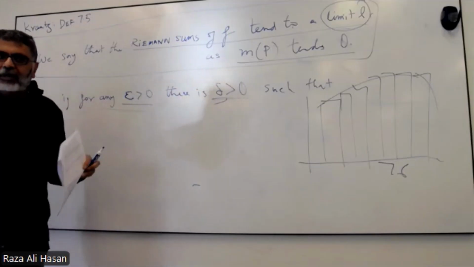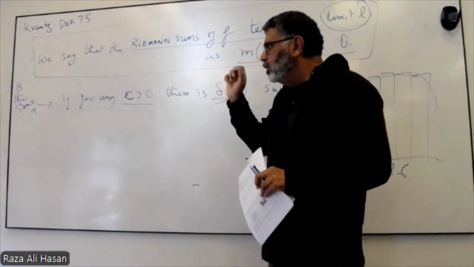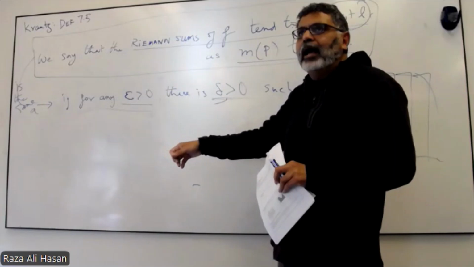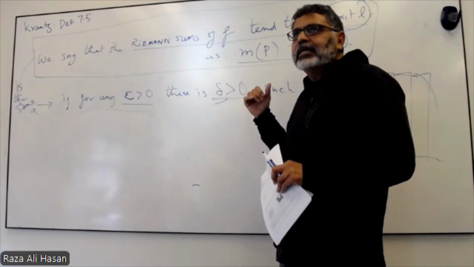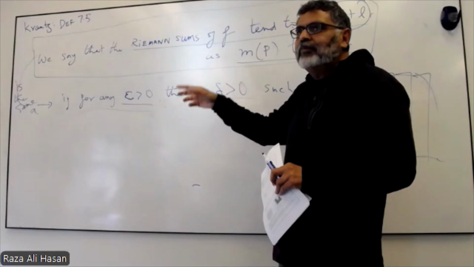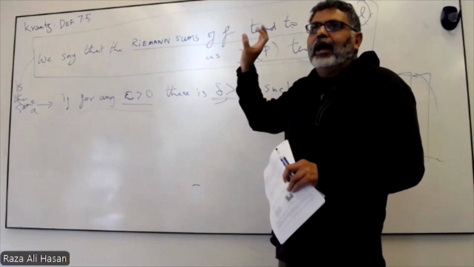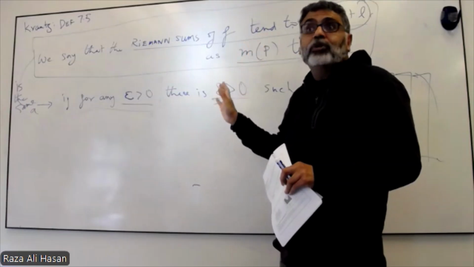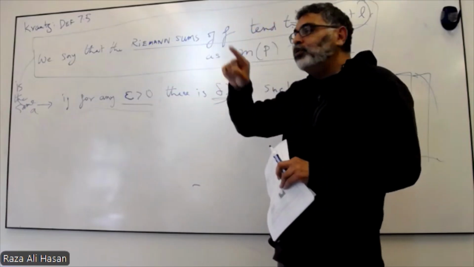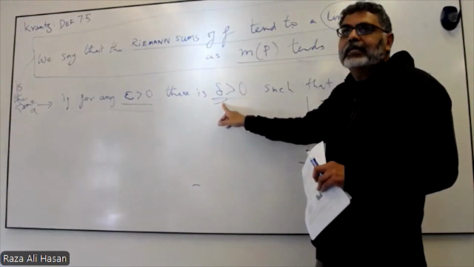We're given the epsilon, and we are given the Riemann sum, and then we are asked, if you have this Riemann sum and God is telling me this is the limit, is this true or not? It's going to be true if we can find the right delta for it.